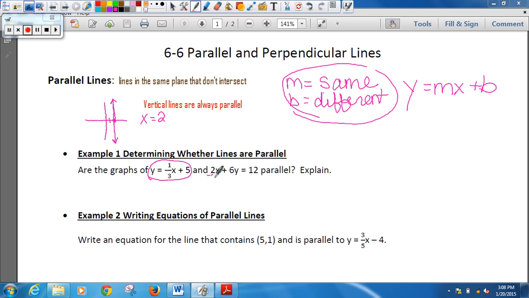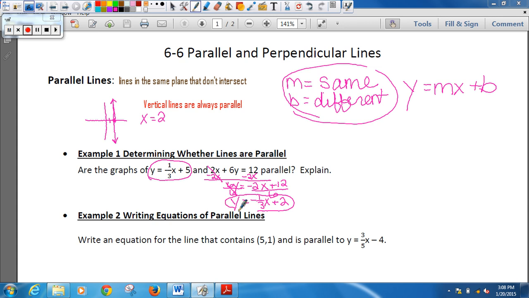So I'm going to subtract 2x from both sides. I end up with 6y equals negative 2x plus 12. I'm going to divide everything by 6. And I end up with the equation y equals negative 1/3 x plus 2.